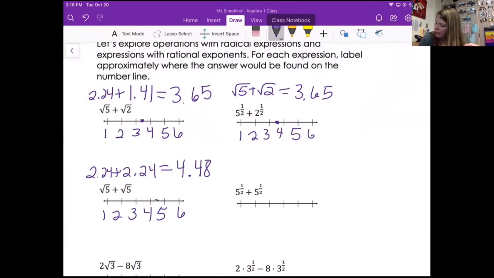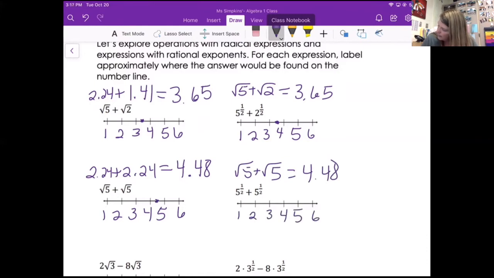Practically in the middle of 4 and 5. The slightest bit closer to 4 than 5, but for our purposes, pretty much in the middle. What do you notice about that fourth one? It's the same thing. This means the square root of 5 plus the square root of 5, which again is about 4.48. So again in the middle of 4 and 5.